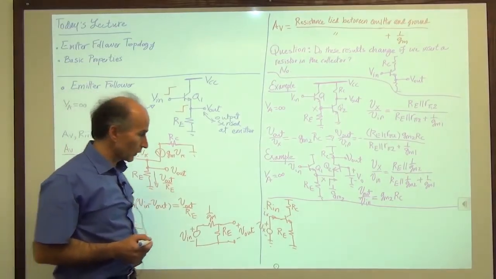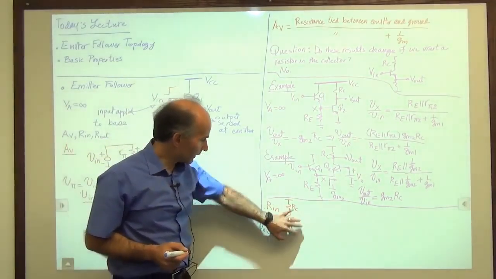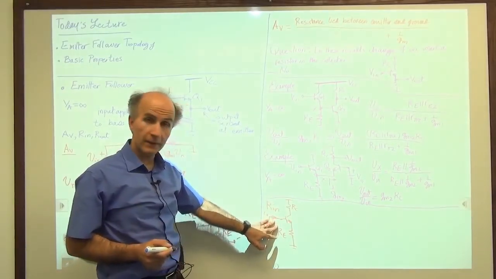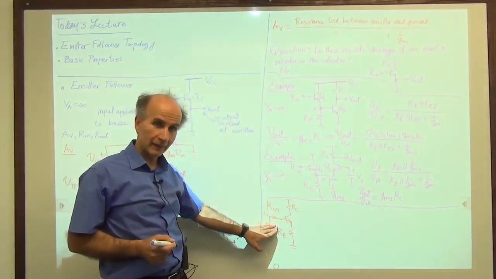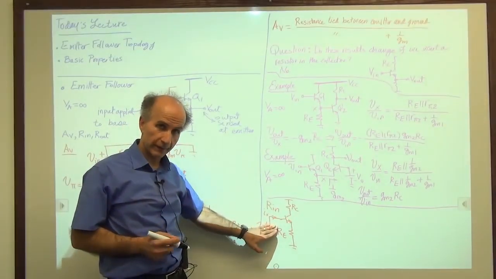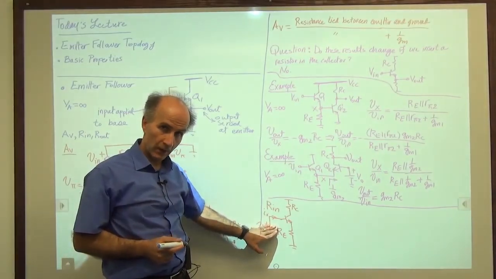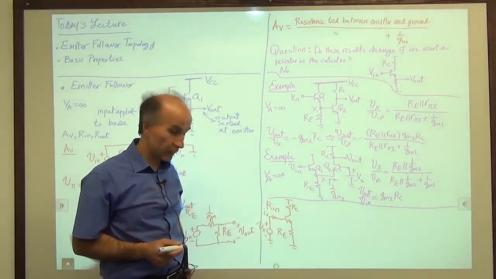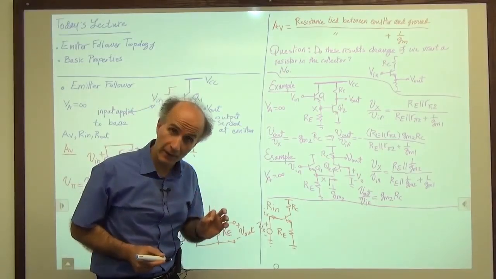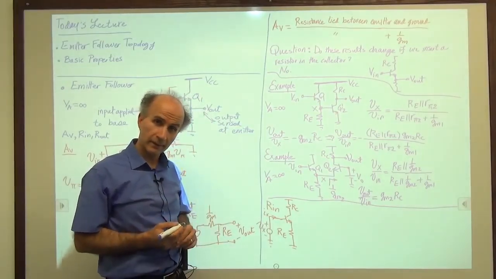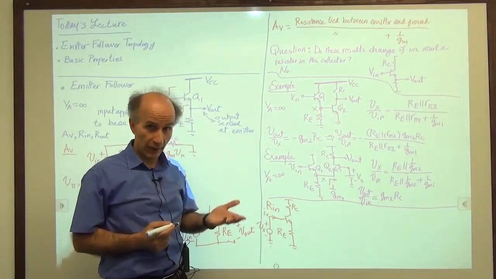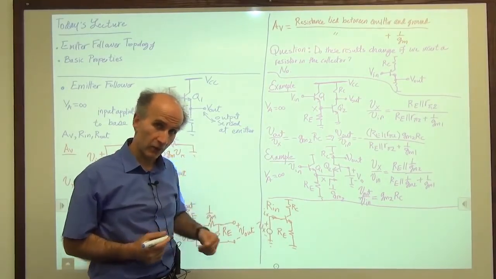Okay, so do I know something about this input resistance without drawing an equivalent circuit? Yes, because this circuit looks like a common emitter stage with degeneration. And we already have the input impedance of such a stage.